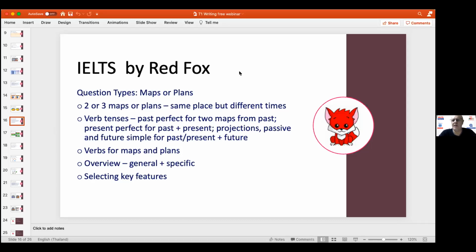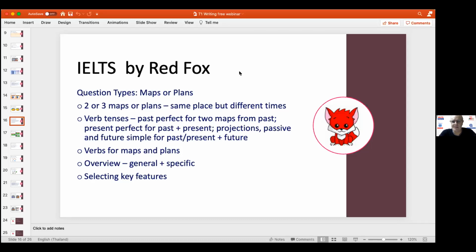So we need a general statement, such as the town, village, or museum, what have you, has been completely transformed over the time frame, something like that. And then we need to be a little more specific and highlight the main point. It might be that if it's a village at one time compared with another, that a village that was predominantly agricultural in nature is now mainly residential. That would be the more specific but still general point for our overview.